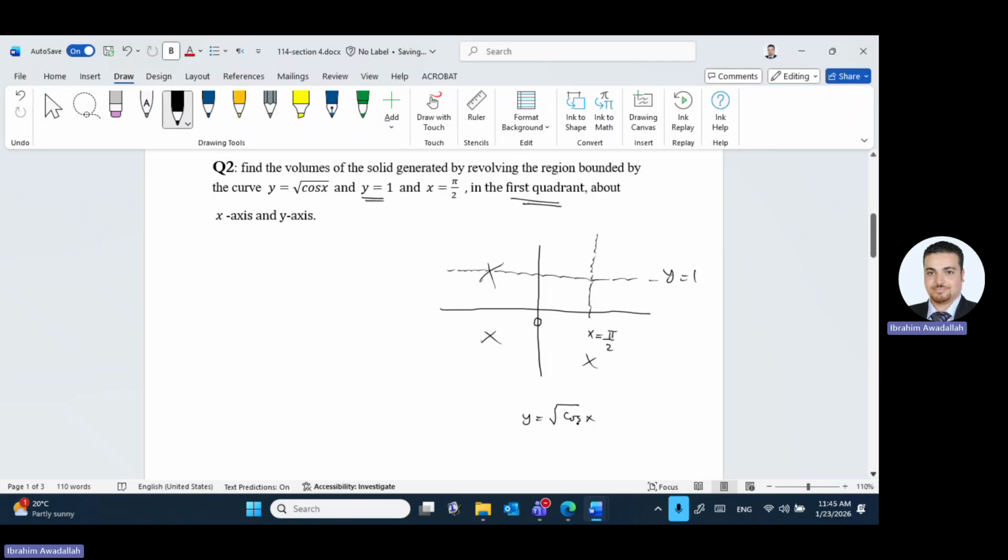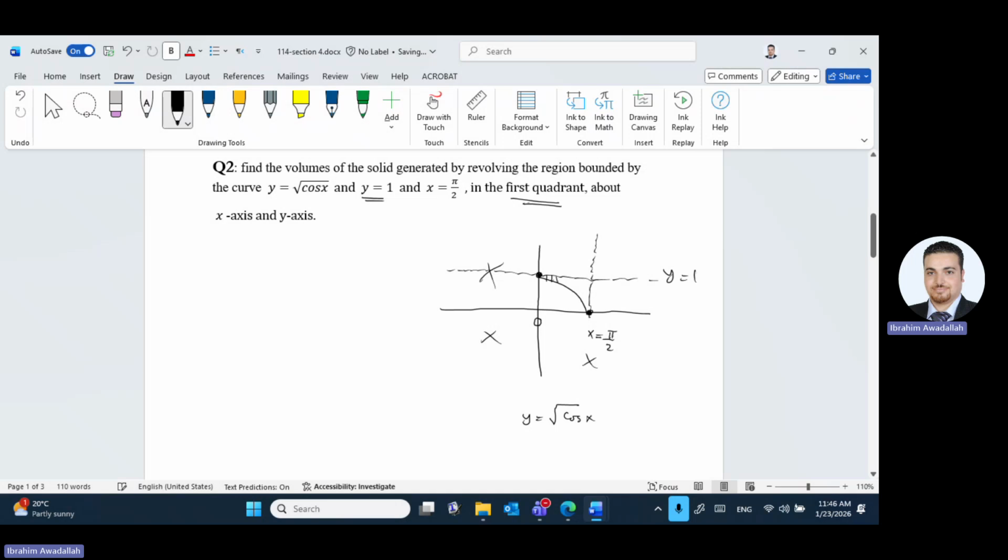Substitute 0 in this equation, cosine 0, 1. So root of 1, 1. And cosine pi over 2, it's a 0. So my function almost like this. You can substitute dots here and here. If you don't know how to graph the function, it's completely correct. So where is the region that I will make revolving for it?